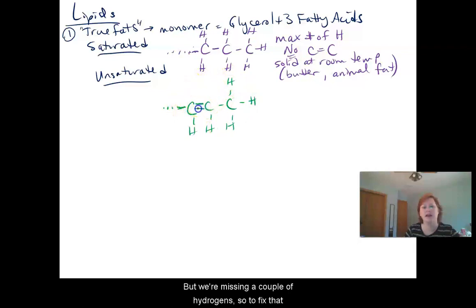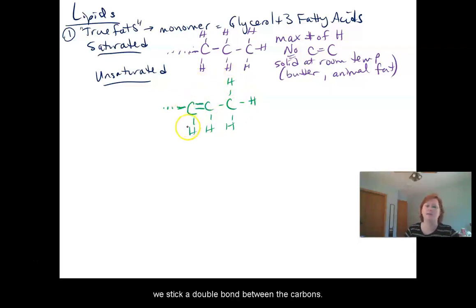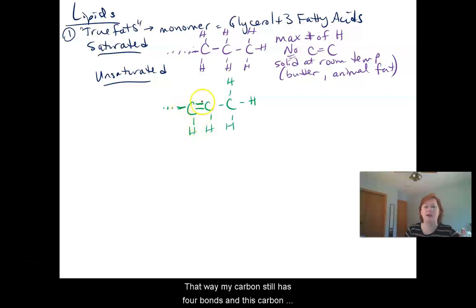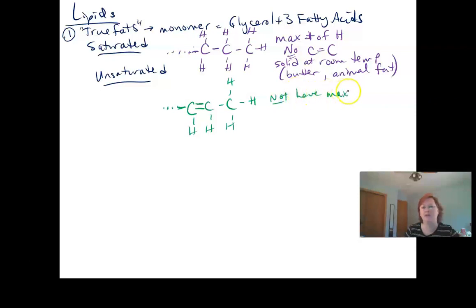So to fix that, we stick a double bond between the carbons. That way my carbon still has 4 bonds, and this carbon still has 4 bonds. So we do not have the maximum number of hydrogens.